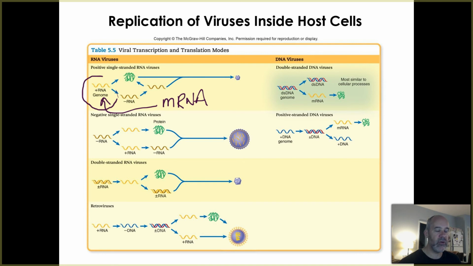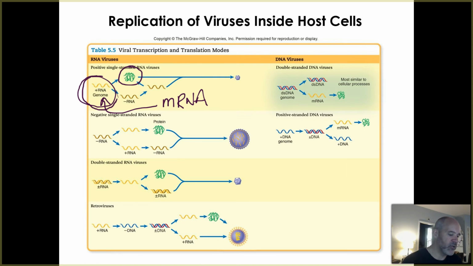So when it enters the host cell, the cell is going to think it's a messenger RNA as soon as it enters. And so that means the genomes can be read to make proteins directly.